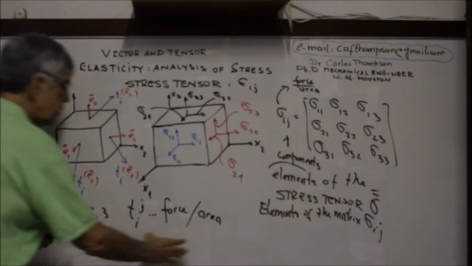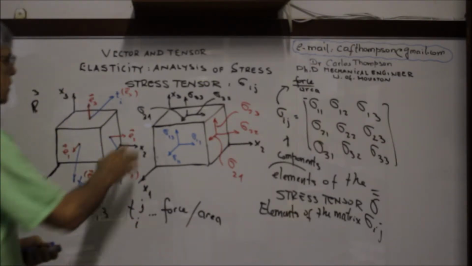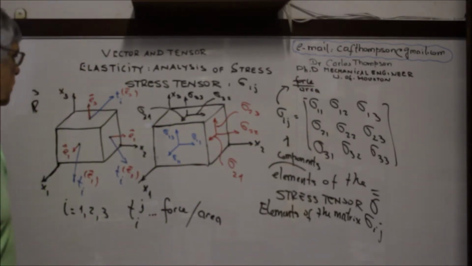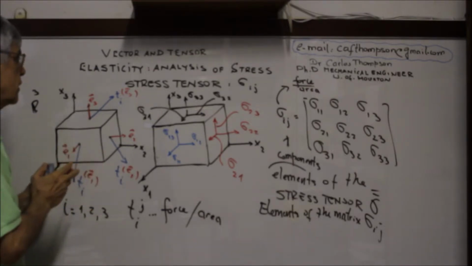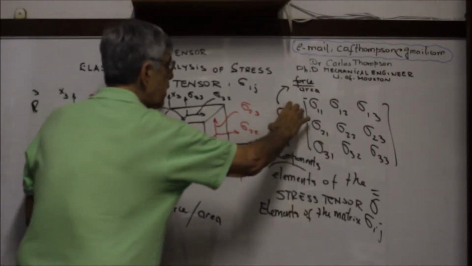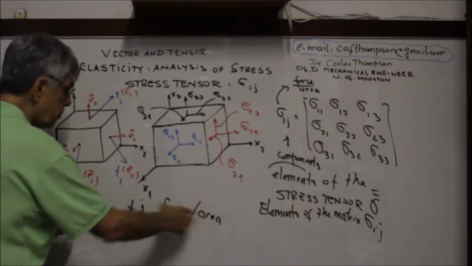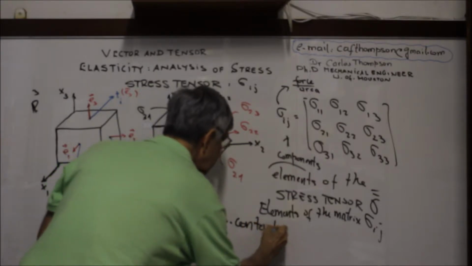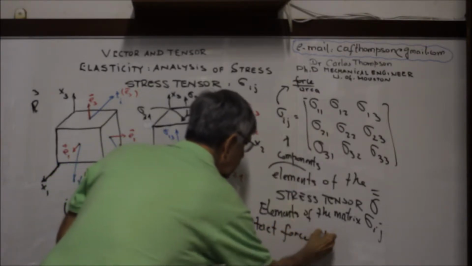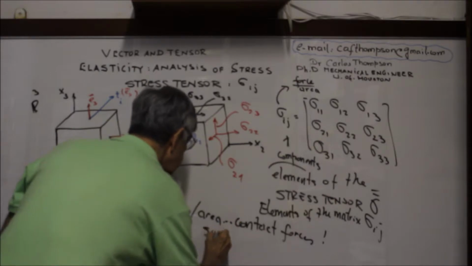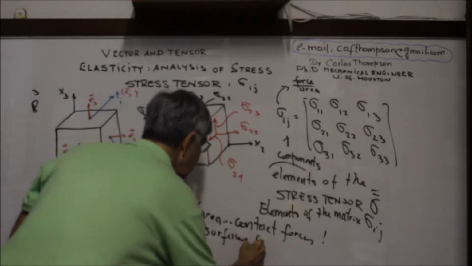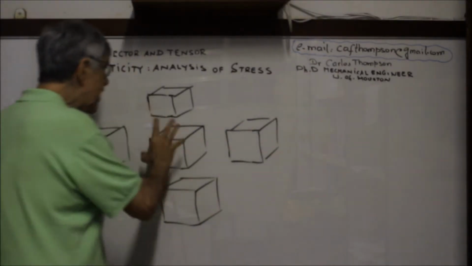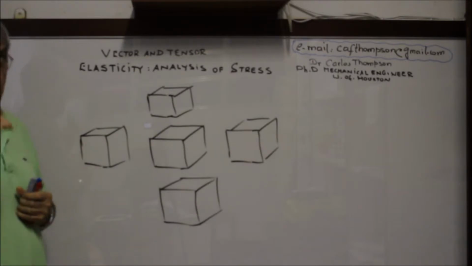When we say stress, it is force divided by area. Sigma, you see, is force divided by area. Now, don't forget that sigma_ij, associated force by area, that's called contact forces, or surface forces. A contact force. Never forget about surface force.